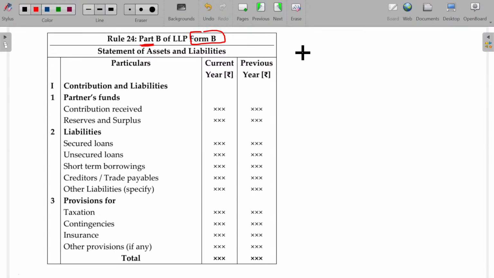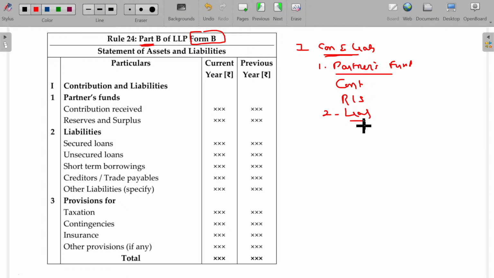On the liability side, what do we have? Contributions and liabilities. We cannot say equity and liability because it's not equity capital, only capital contribution. Number 1 is partners fund. Under that, contribution, like equity share capital, here we have the contribution, reserves and surplus. Second is liabilities. Under the liabilities, you can list down the secured loan, unsecured loan, short term, creditors, other liabilities.